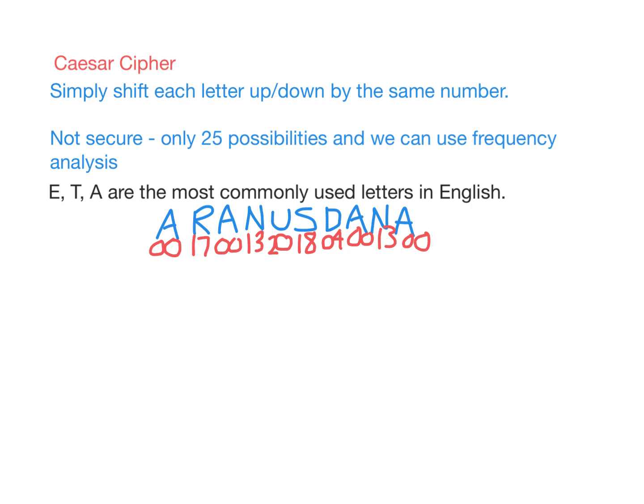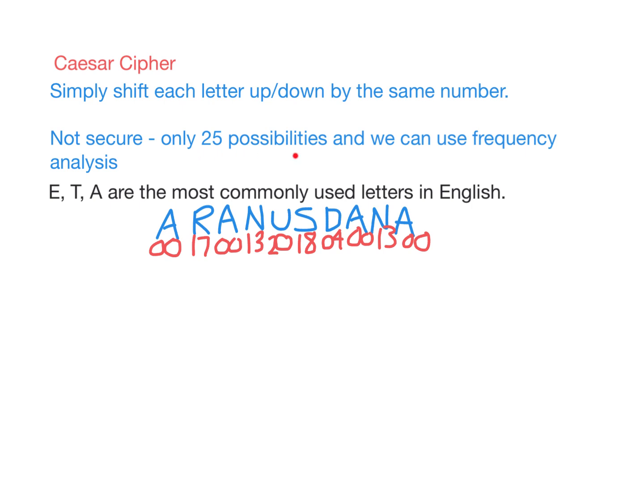So let's look at one method of encryption. This method is called the Caesar cipher, presumably because it was used by Julius Caesar all those millennia ago. All you do in this one is you shift each letter up or down by the same number. So you might shift each letter up 4 or each letter down 3 or whatever. This is not secure. You would not get away with that in 2026.